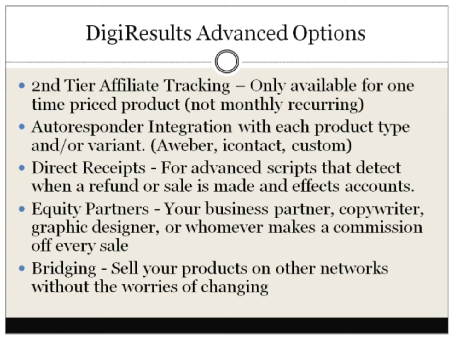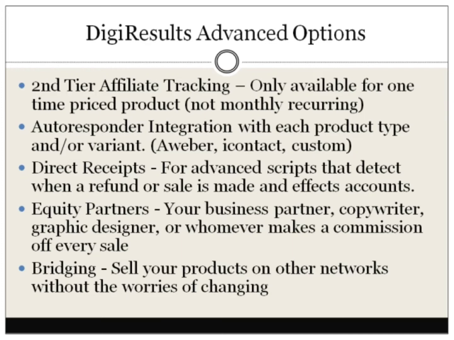So, for example, if your product is on different affiliate networks, you can put it on DigiResults and bridge it so that if somebody makes a sale on pay.com or JVZoo, it still bridges with DigiResults, and you don't have to worry about taking your product off the other affiliate networks to be compatible and bridge over to DigiResults.